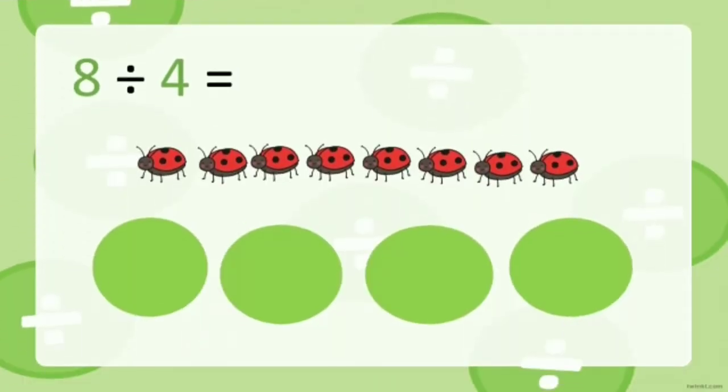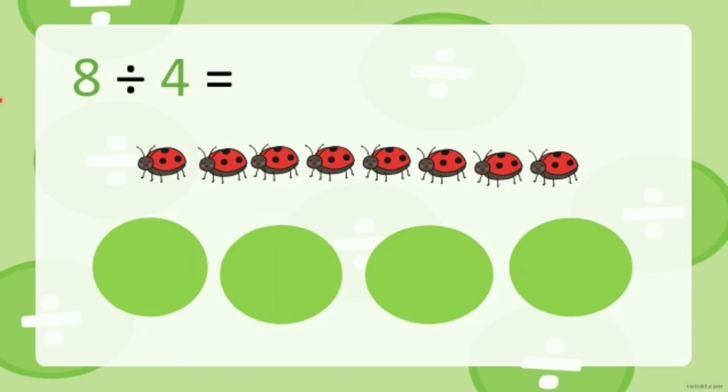To understand the concept better, let's solve one more example. We read it as 8 divided by 4. Here 8 bugs are given. We have to divide them into 4 groups equally.